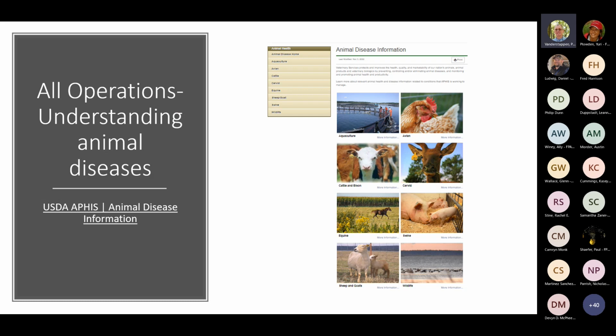The other thing I want to touch on slightly is, we talked about the biosecurity for animals, and we talked about the AI here for poultry. But if you go to the APHIS website, there's a great website for understanding animal diseases, and it shows all these different animals. If you click each animal species, whether it's a dairy, goat, chicken, hog, swine, lamb, sheep, and some other ones, they will list all the different potential types of diseases that those animals may carry and whether you should be concerned with them or not.